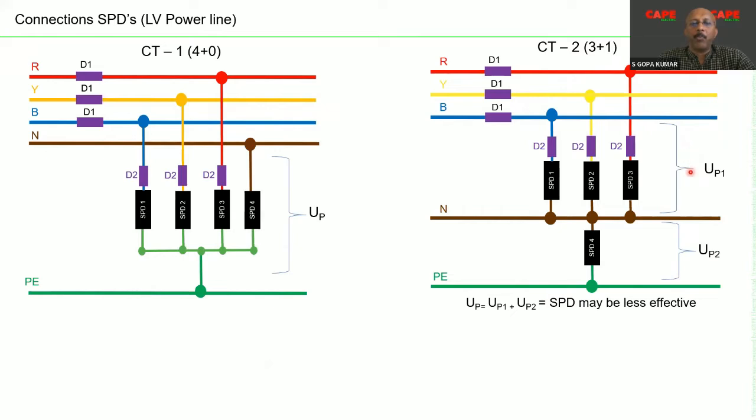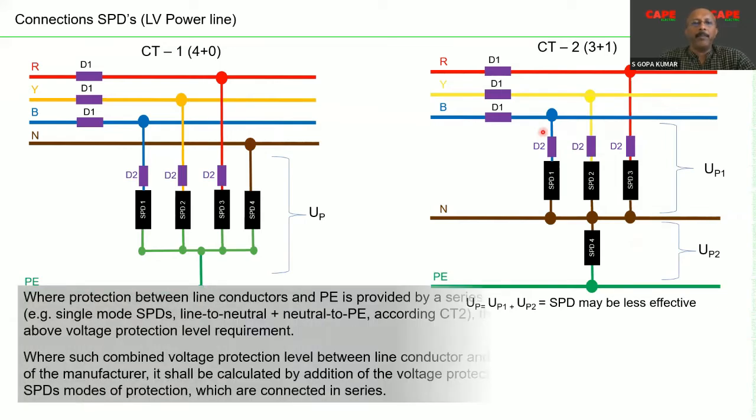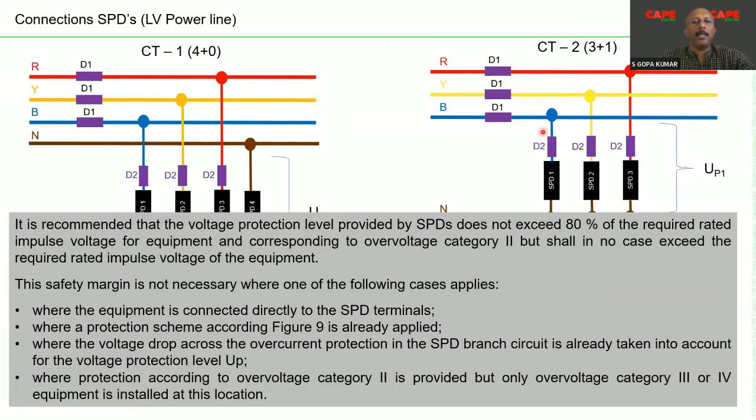So say, 1.5 kV in the first case, where I am moving the cursor, plus 1.5 kV in the second case. The effective protection level of both the SPDs will be about 3 kV plus the voltage drop of the connecting wire. So basically there is a risky situation if you don't select the correct SPD.